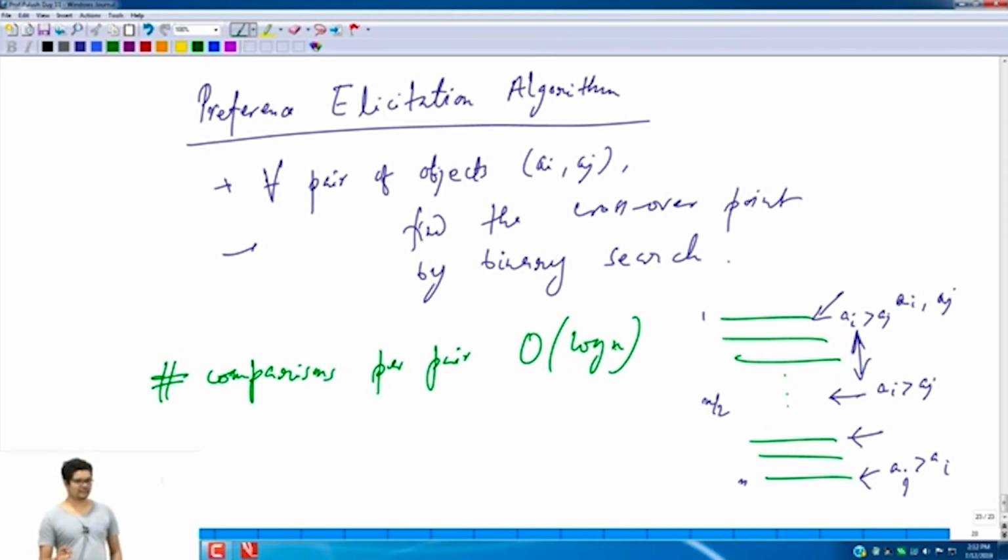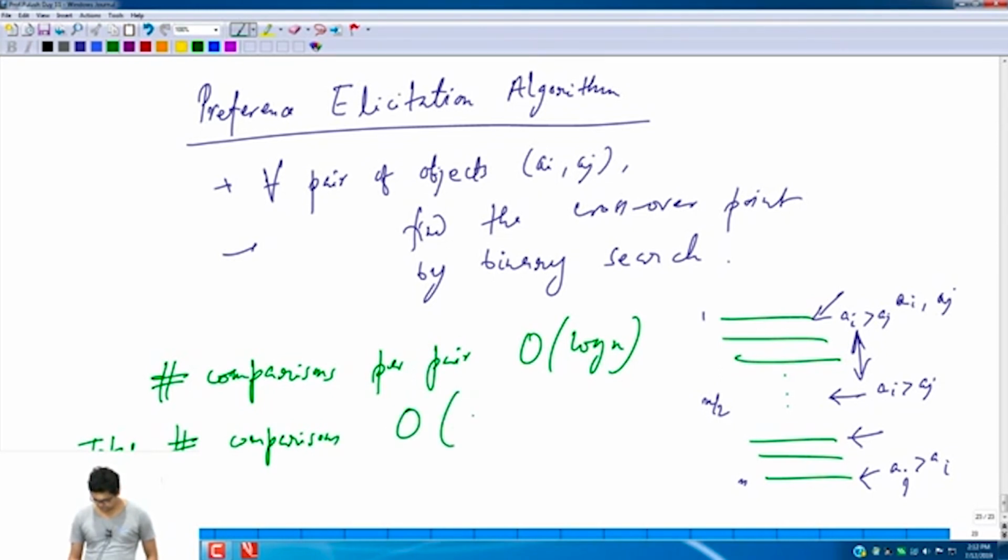And there are only m choose 2 many pairs. So the total number of comparisons is big O of m square log n.